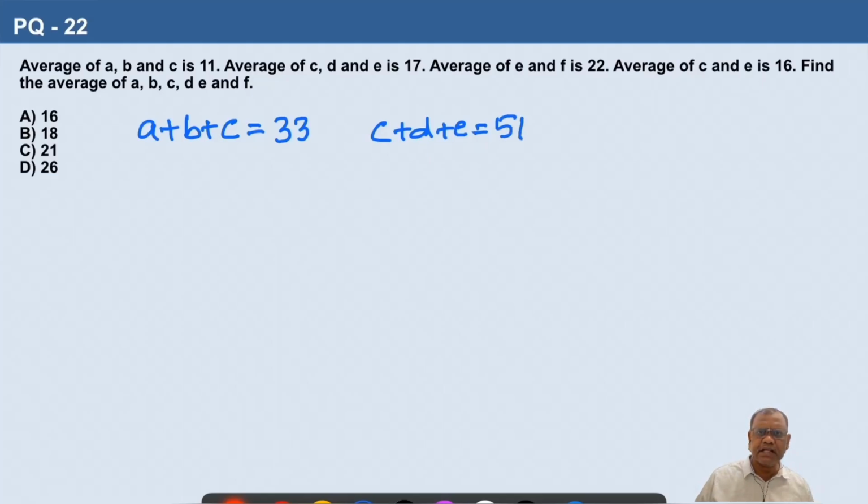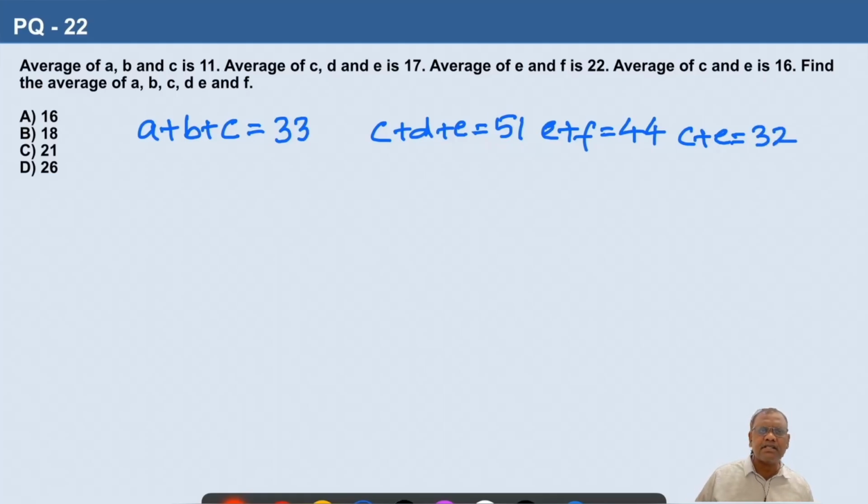The average of E and F is 22. So E and F, 22 into 2, 44. Next, the average of C and E is 16. C and E, 16 into 2, 32.